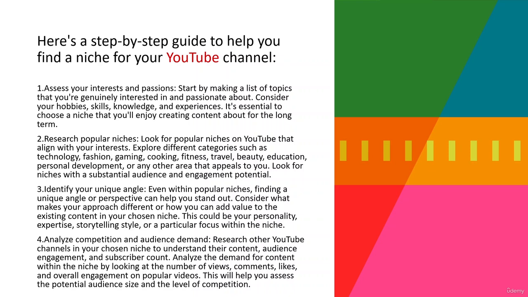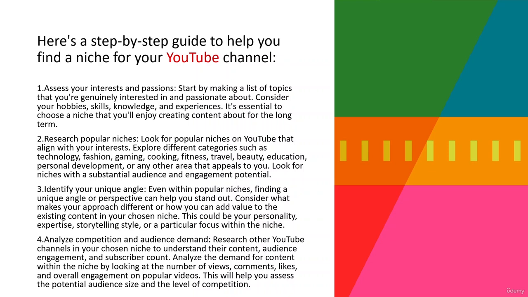Obviously, more people equals more opportunity. So, consider what makes your approach different or how you can add value to the existing content in your chosen niche. This could be your personality, expertise, storytelling style, or particular focus within the niche.